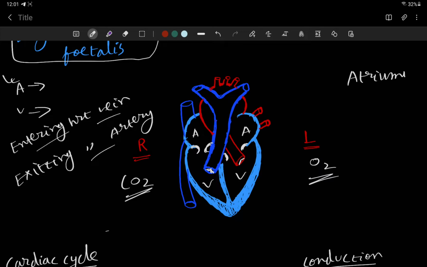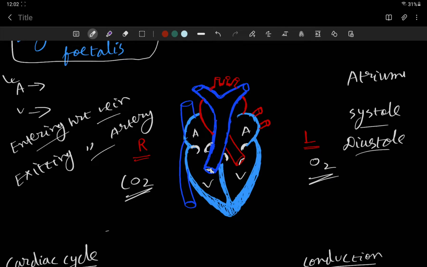Next thing, systole and diastole. There are two phases of the heart, systole and diastole. What is the basic difference between these two? See, the word systole is smaller than the word diastole. So you can remember it like that. As systole is the smaller word, in systole the heart will go smaller, and as diastole is a larger word, in diastole the heart will go larger.